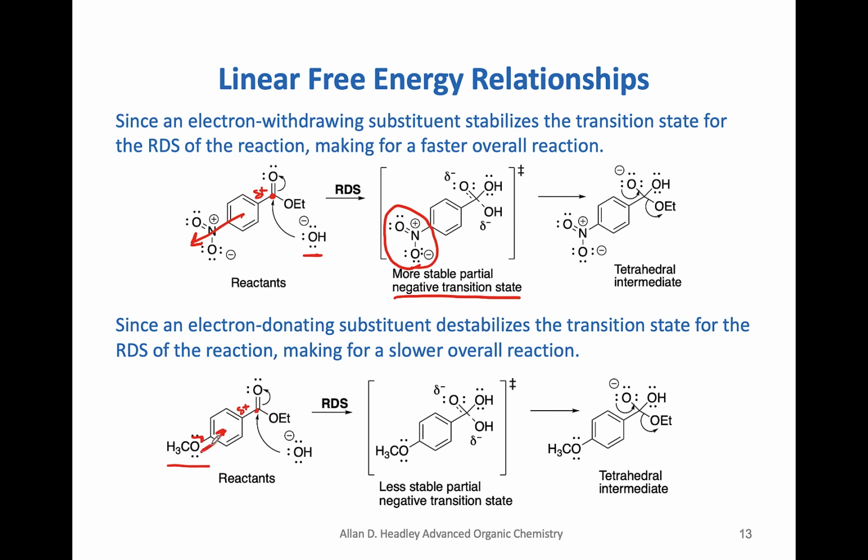But this substituent is donating electrons into this carbon here, making this attack less favorable. When it does attack, however, you can see that the transition state is partially negative. So therefore, this transition state here is less stable than this transition state here.